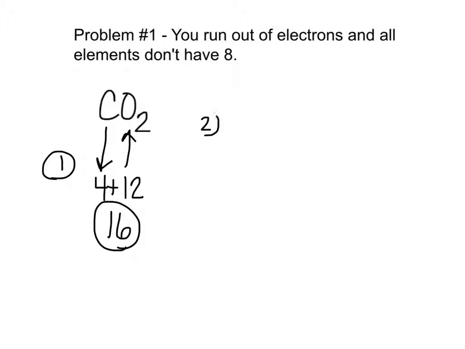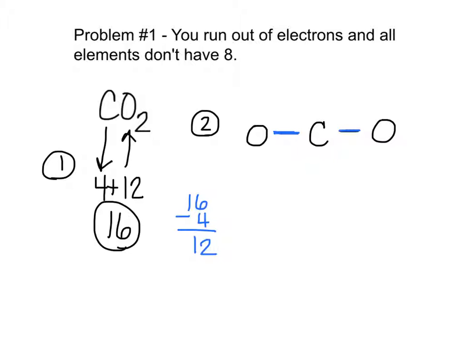Step 2, we're going to put our carbon in the middle, and we're going to attach our oxygens to it. We subtract the electrons that we've currently placed: that's 2, and this second dash makes 4. So 16 minus 4, we now have to place 12 more.